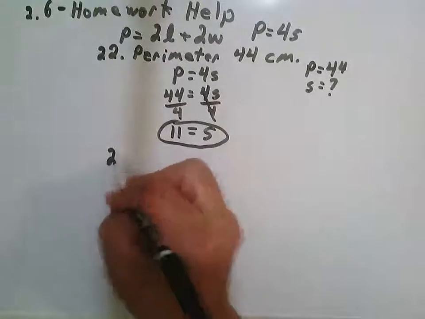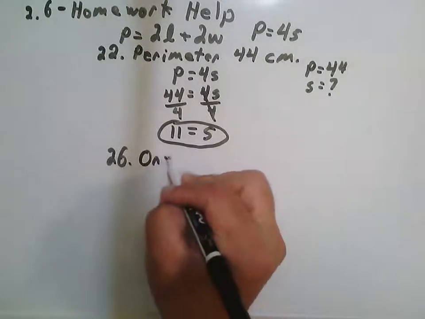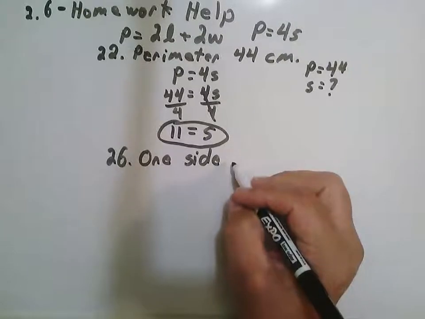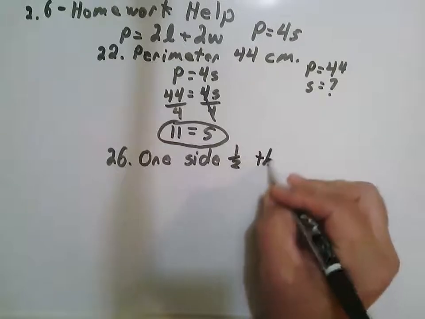Now, if I move on to number 26, it says that one side of a triangle, I'm not going to write the whole thing, but it says one side is half the longest side.